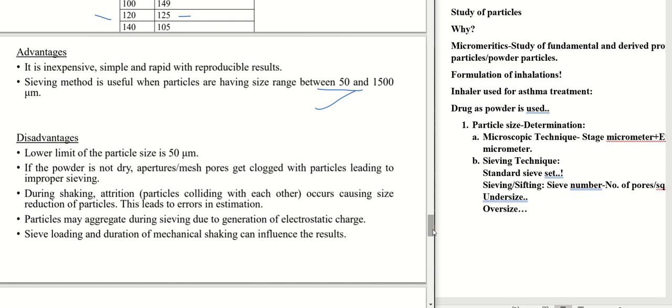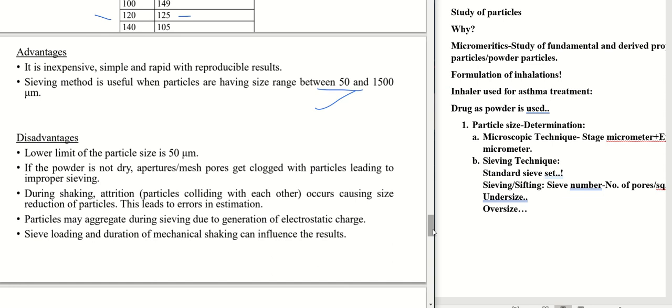So there might be a chance of particle size reduction, and a few errors because of that. As the equipment is under vibrations, because of the attrition between the particles, when they collide with each other, there might be a chance of size reduction.